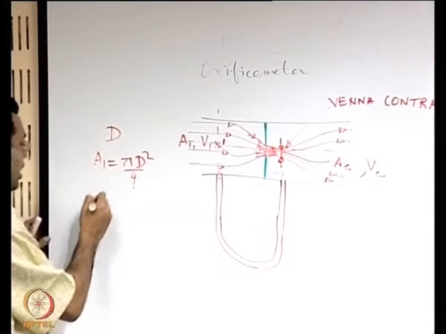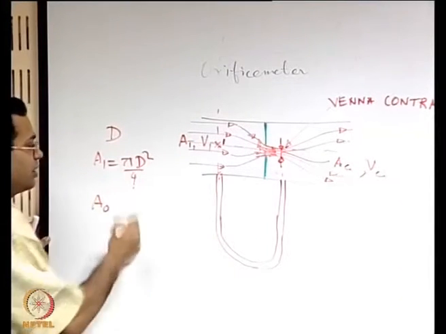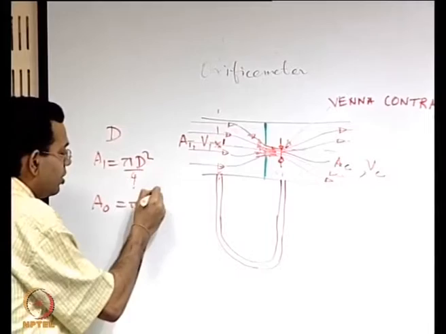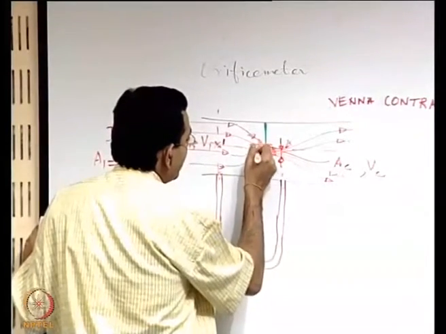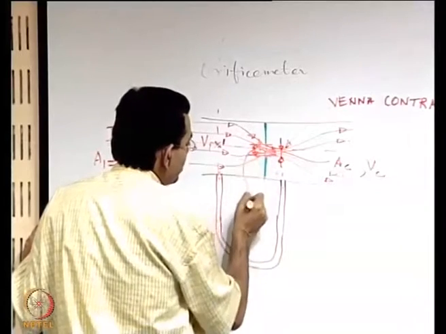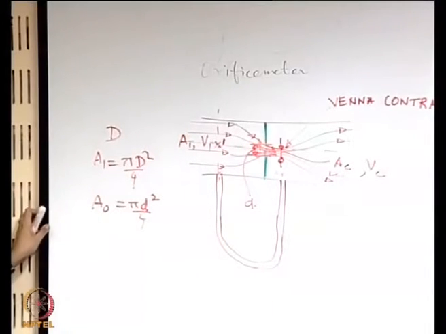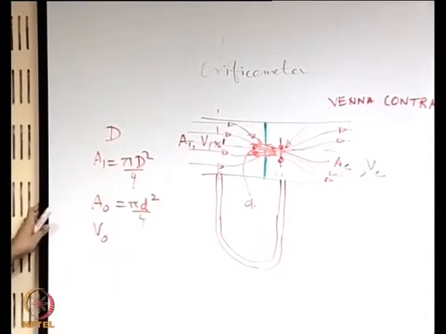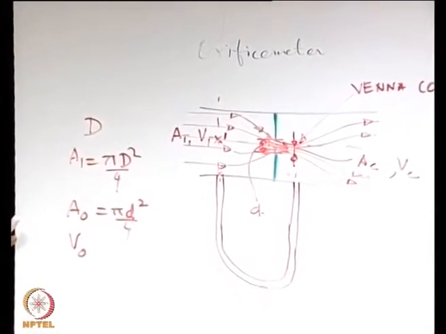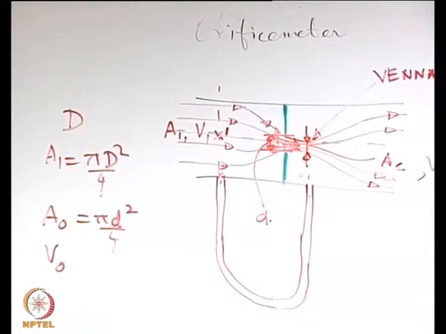So, let us say AO is the area of cross section of the orifice, which is pi small d square by 4, where small d is the diameter of this orifice, and let us say that VO is the velocity through the orifice. Again we consider it is uniform, otherwise there is no meaning of the term velocity through the orifice, it will vary across the section.